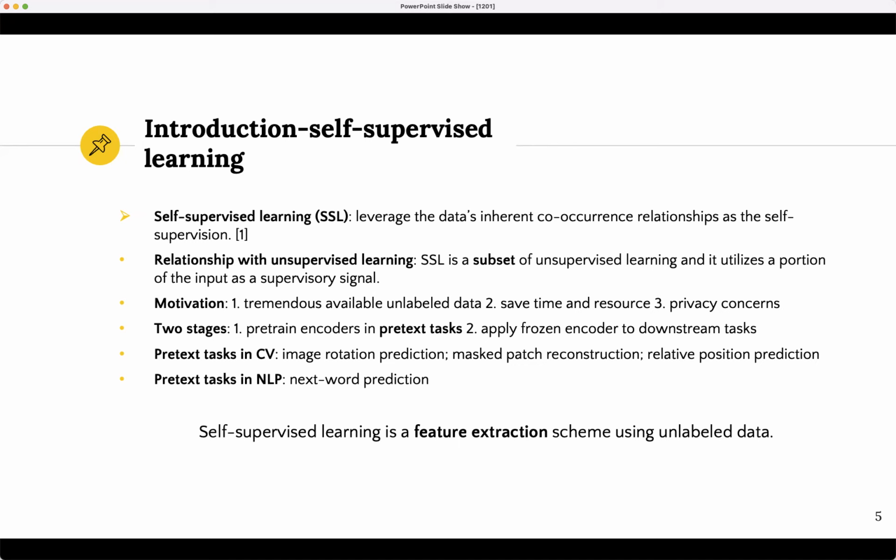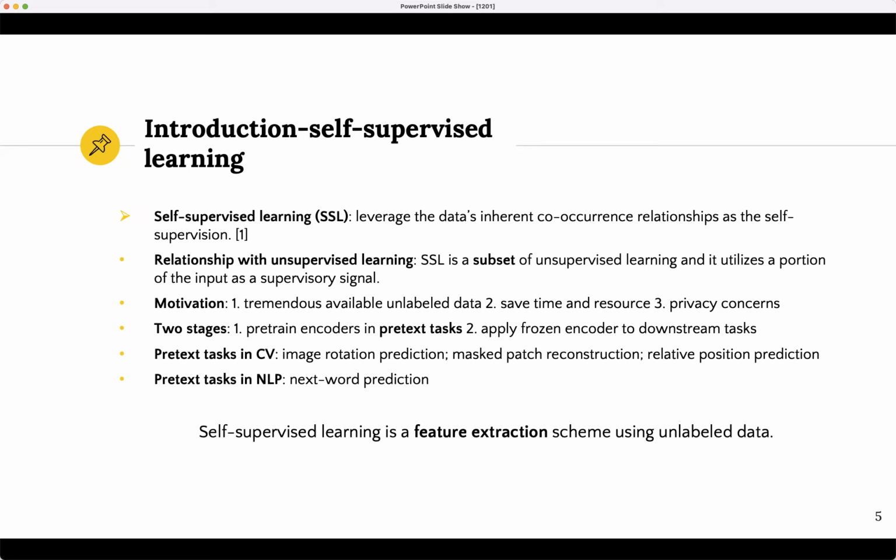In relation to unsupervised learning, SSL can be regarded as a subset of unsupervised learning, but it utilizes a portion of the input as a supervisory signal to get the model to learn more meaningful features for another part of the input.